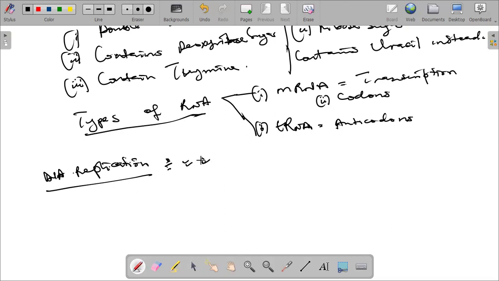You must know the definition and the process of how it occurs. You should be able to describe it.